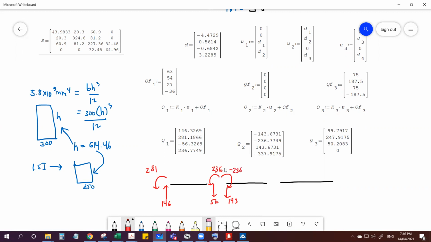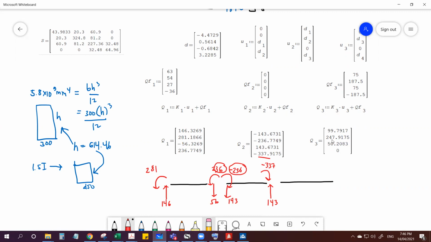So that will cancel out this moment here. And 143 as a reaction and a moment of 337. Negative 337, this one.